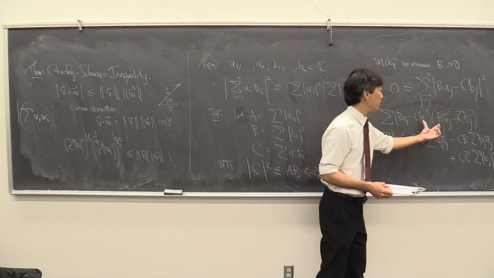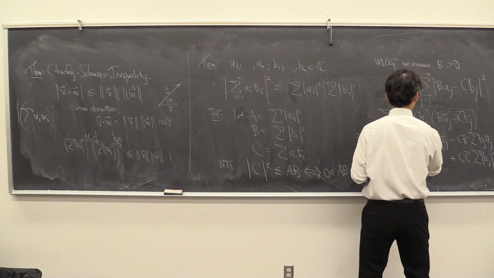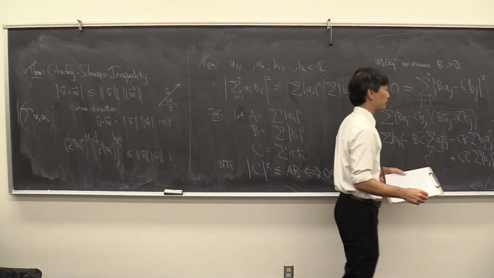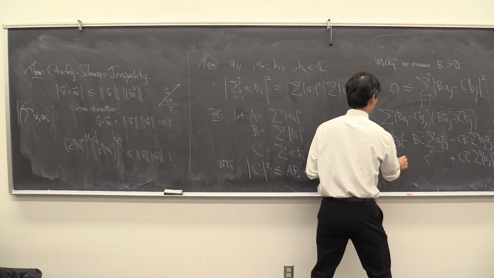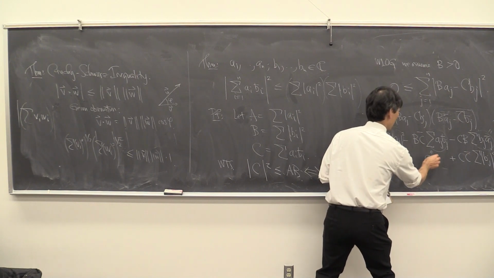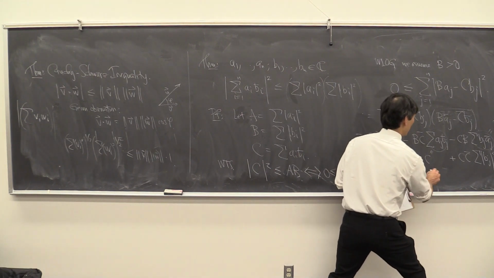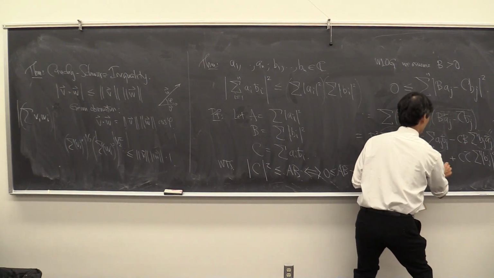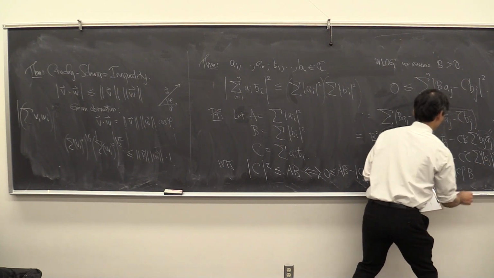Just multiply everything out. Now this thing here is C, this thing is C bar, and this thing here is A. So we get B squared A minus B C bar times C, which is just C modulus squared, minus C modulus squared times B, plus C modulus squared times B.